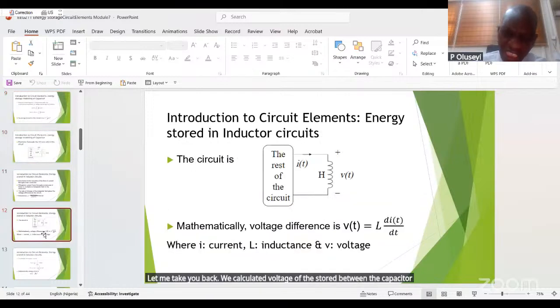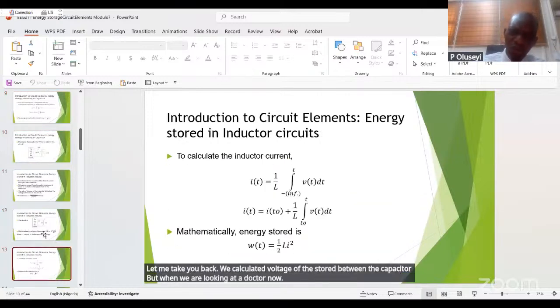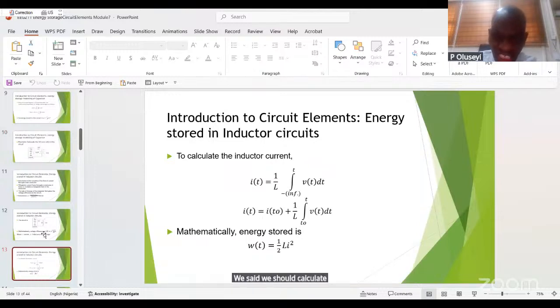But when we are looking at the inductor now, we have to calculate the current flowing across the inductor, because the current is what stores the energy in the inductor as it's pumping it. So we have 1 over L integral from minus infinity to t of V of t dt. And then I of t is equal to I of t naught plus 1 over L integral from t naught to t. So you have that.